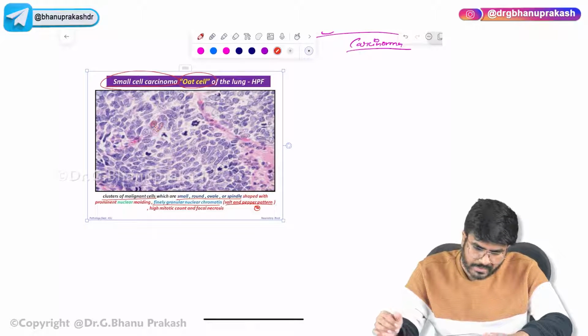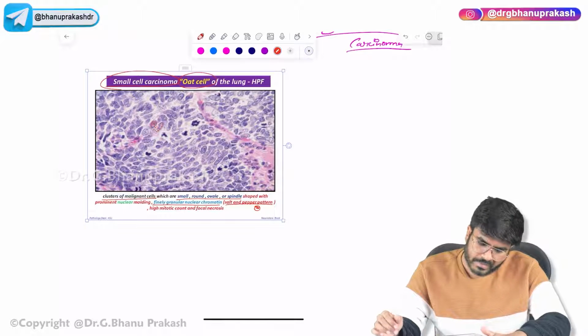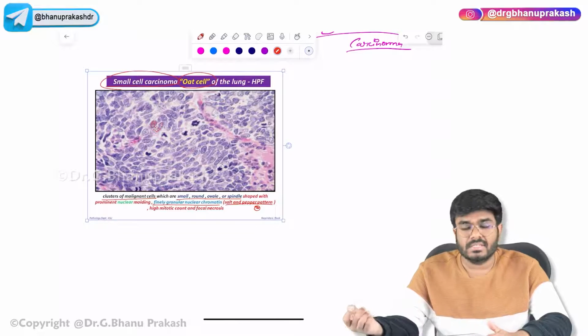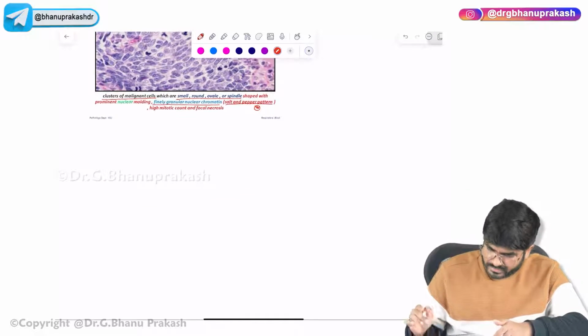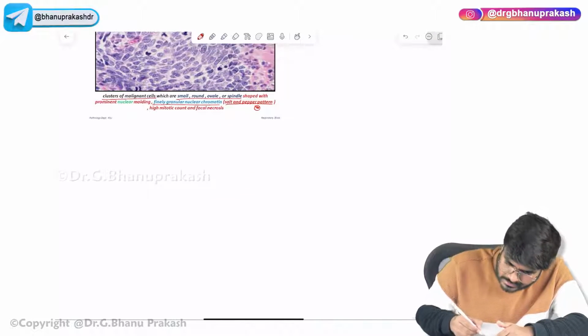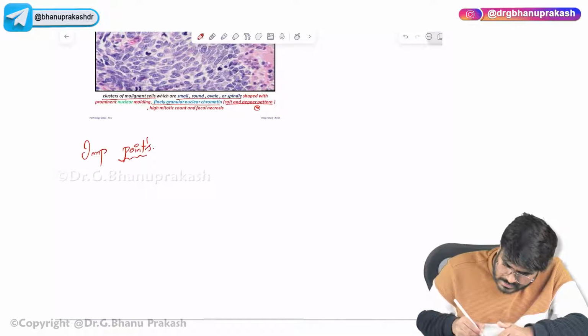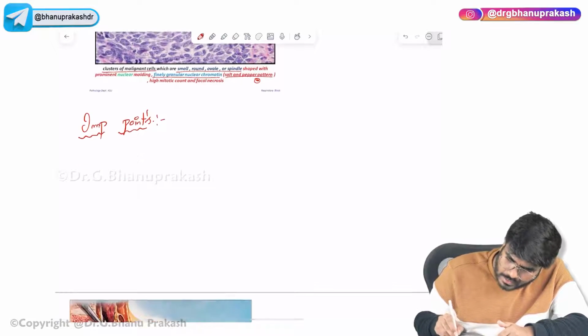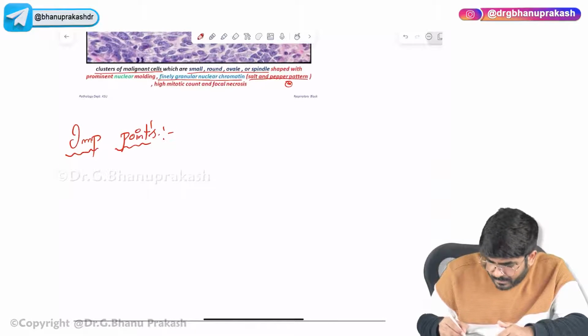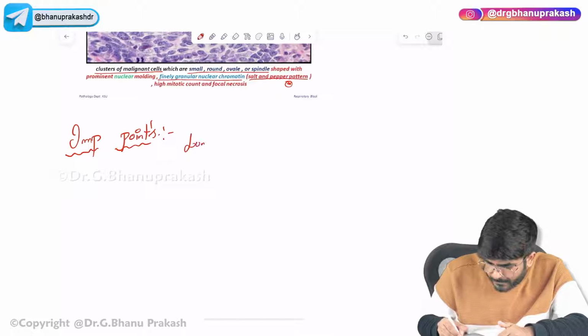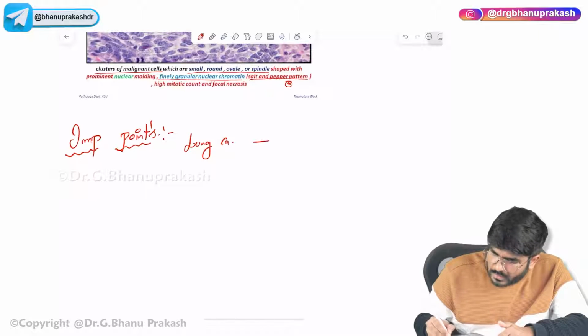So histology is completed. Now after histology, the next important points which I want you to know is that these lung cancers are usually associated with, let me write here important points. See, these lung cancers are associated with paraneoplastic syndromes.